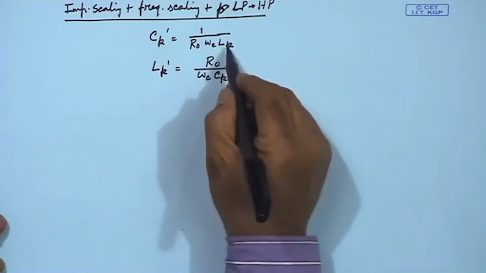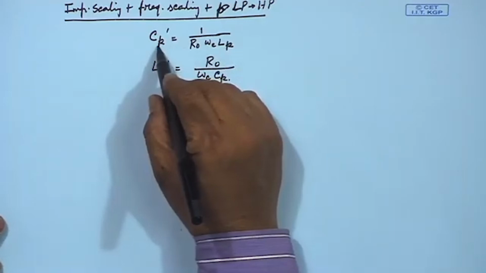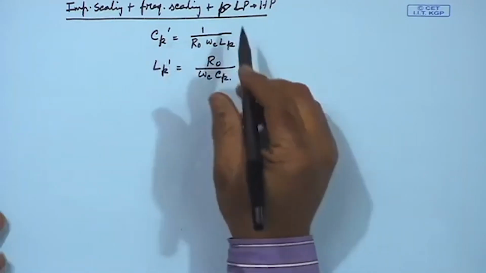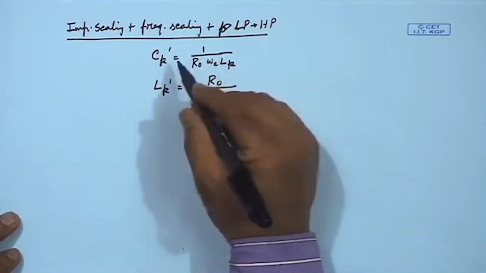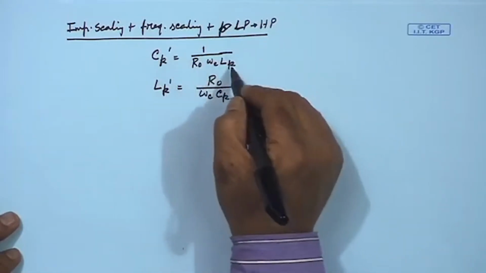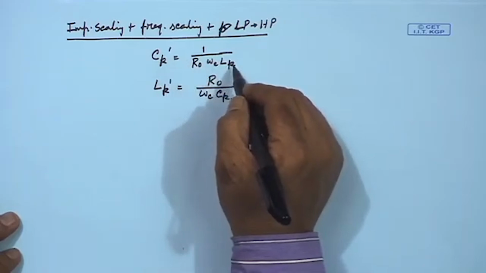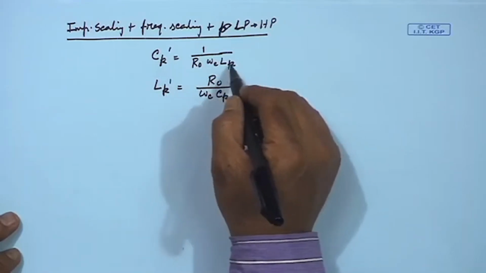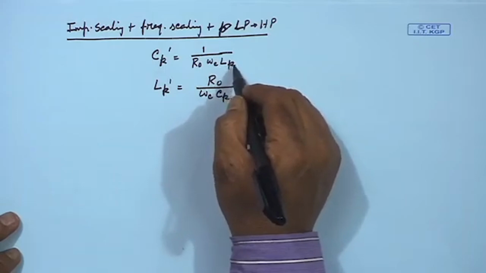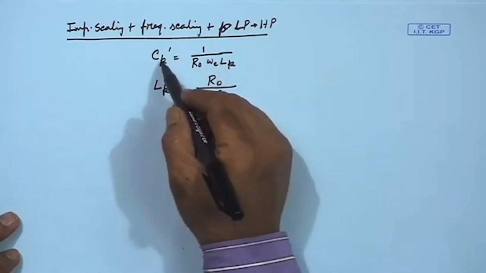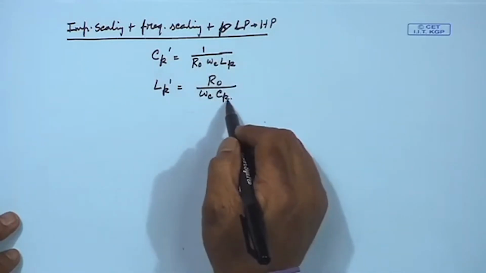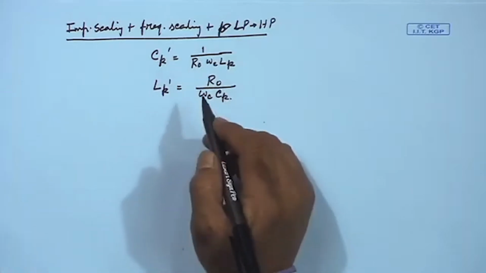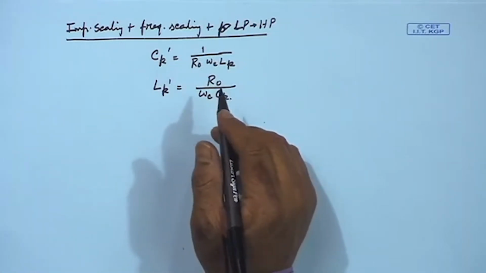So, an inductor changes to a capacitor, this is well known. But with this scaling you need to know that if I want to go from a low pass prototype to a high pass filter, the inductance in the low pass filter prototype will be changed to a capacitor with this value, and the capacitor in a low pass filter will be changed to an inductor with that value.